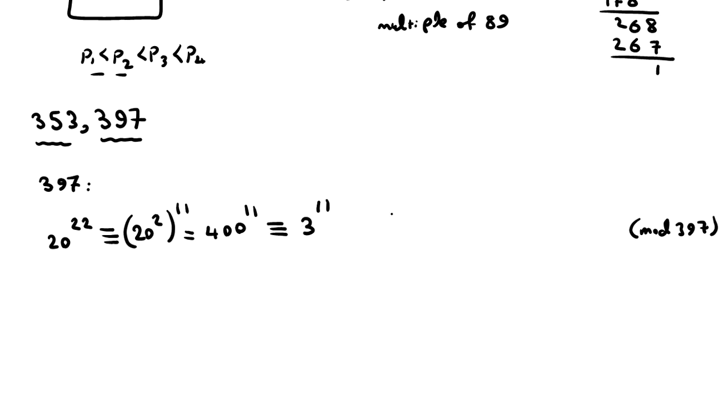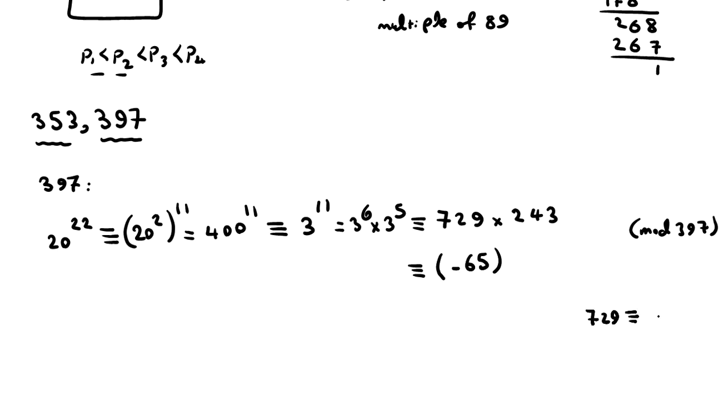And okay, here we can say it is equal to 3 to the power of 6 times 3 to the power of 5, which is 729 times 243. And if you subtract 2 times this, 729, it will be negative 65. Look, 729 is congruent to negative 65.